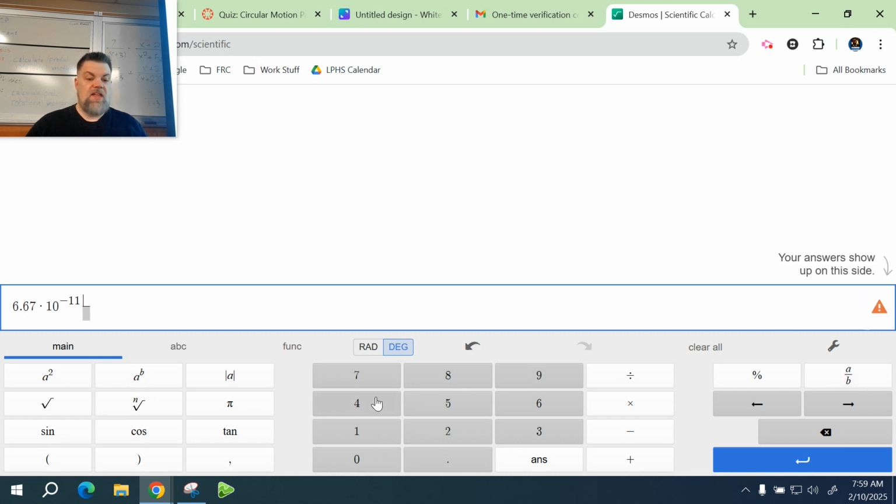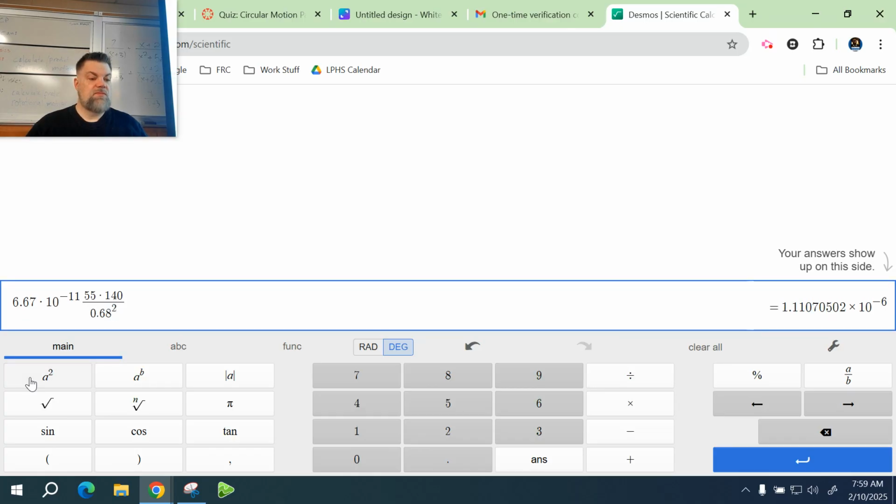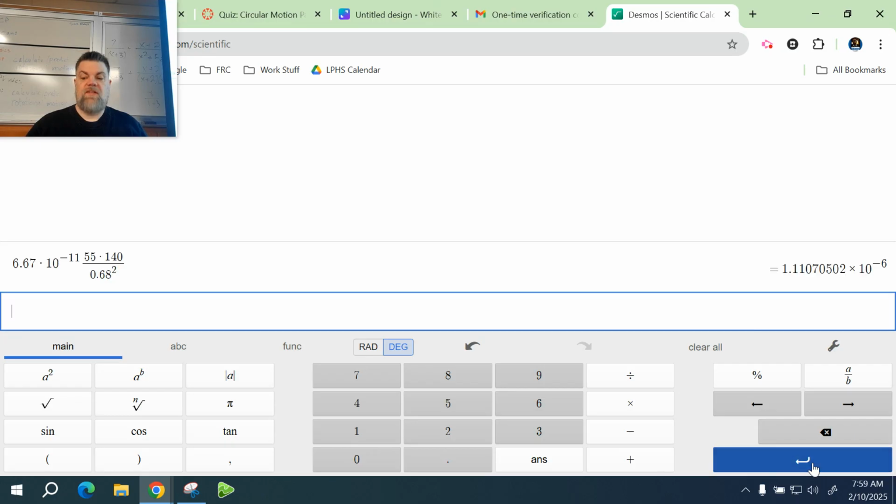And then I'm going to say 55 times 140, and on the bottom, 0.68 and then square it. When I hit enter, that's the answer I get: 1.11 times 10 to the negative 6. That's actually the answer.